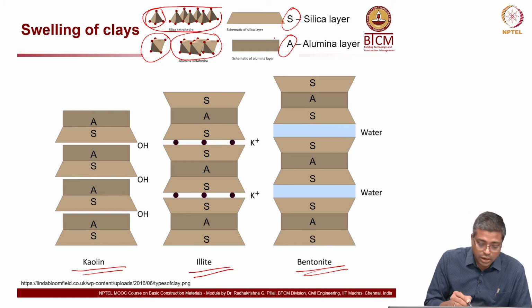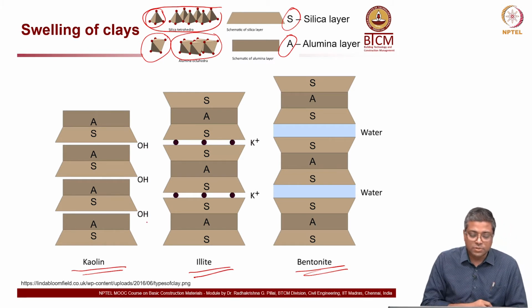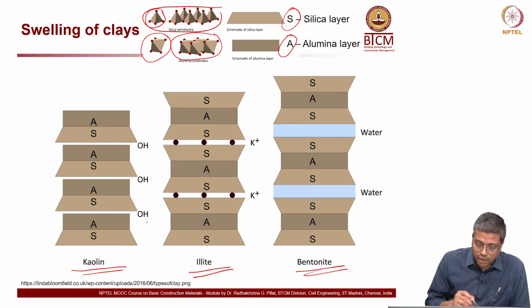Now, in kaolin clay you have this additional charge, but when water comes in contact, let us look at the example of bentonite. You have this S layer, that is the silica layer, then the alumina layer, and then the silica layer, and here you have another silica, alumina and silica layer.